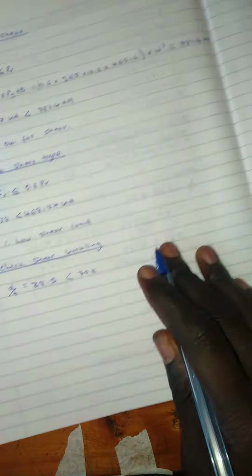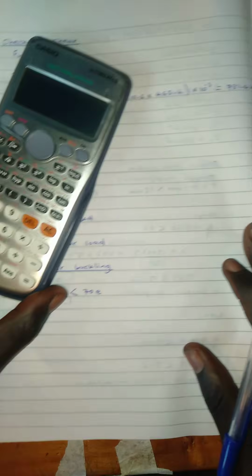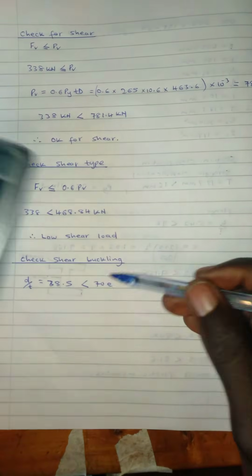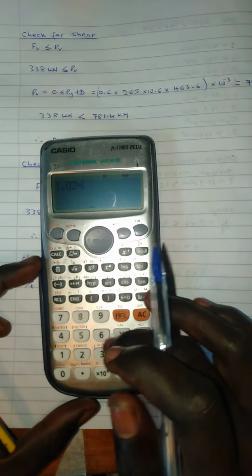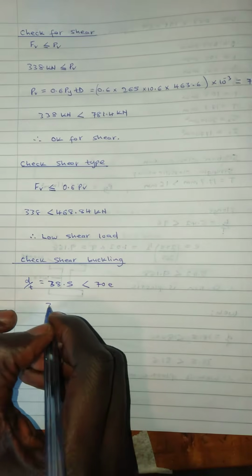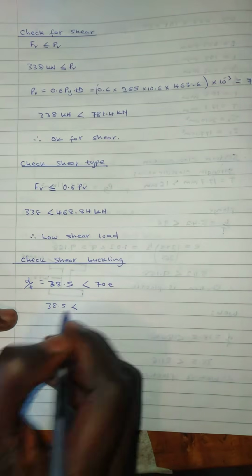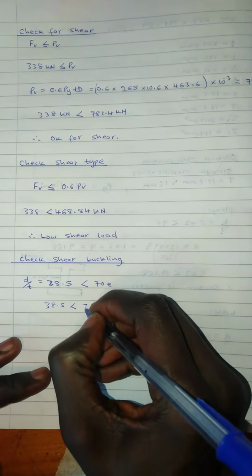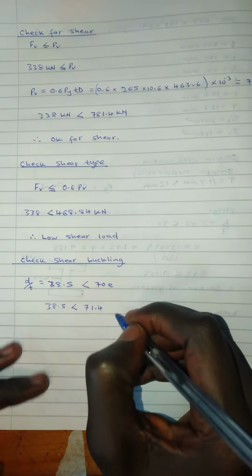So again, we have our E. E was 1.02, times 70, we get 71.4. So 38.5 is less than 71.4.